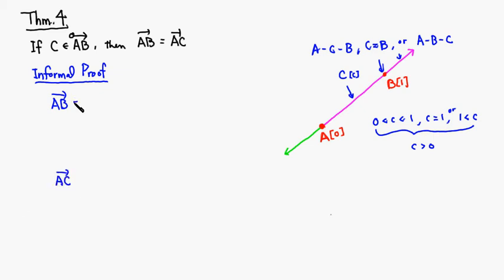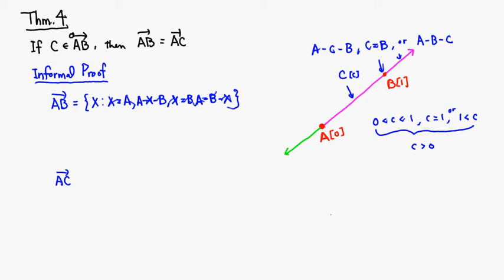Ray AB, by definition, is a collection of points x such that either x equals A, or x is between A and B, or x is equal to B, or B is between A and x.